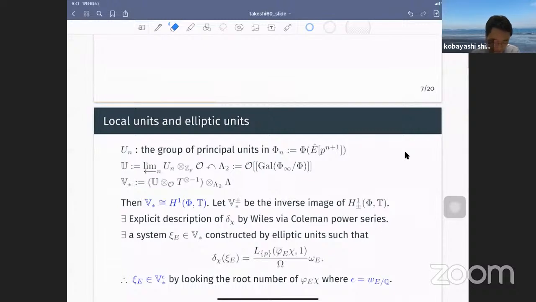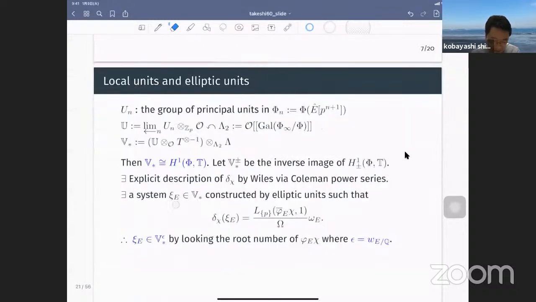And we have the elliptic unit. Actually, the elliptic unit lives in here, but we can twist the elliptic unit and project to V star. Then we have a system of consistent elements constructed from the elliptic unit such that the image under the dual exponential map is the L value, like this.